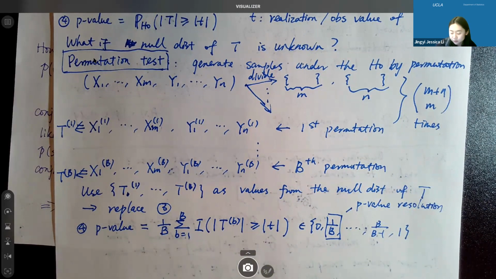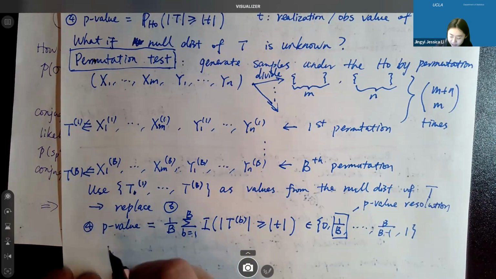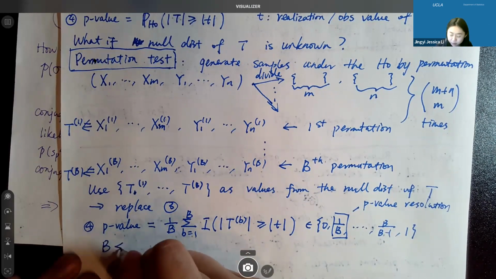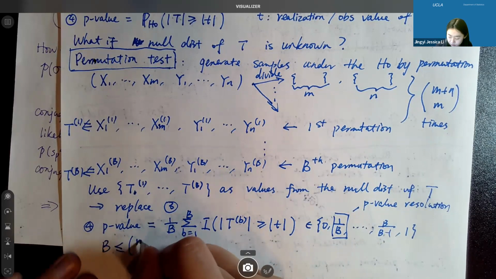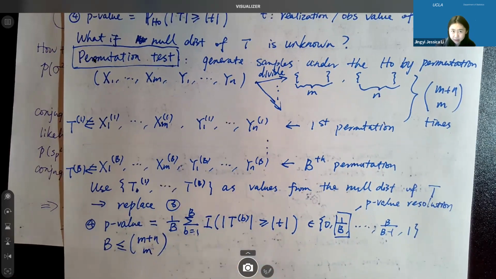Especially this is needed for our multiple testing correction, which I will talk about today. So if we can afford it, we want a larger B, and B is basically upper bounded by M plus N choose M. That's the biggest number of permutations you could have. Also you may want to remove the case when the permuted sample is exactly the original sample.